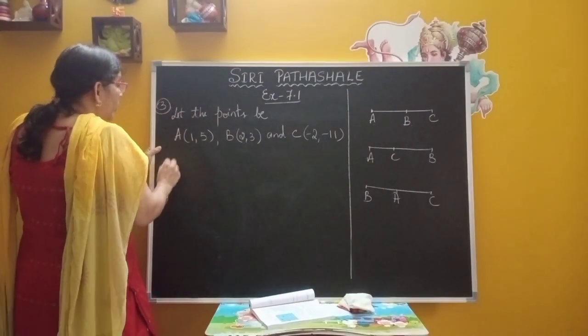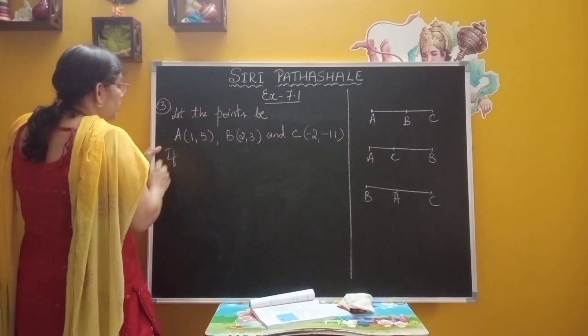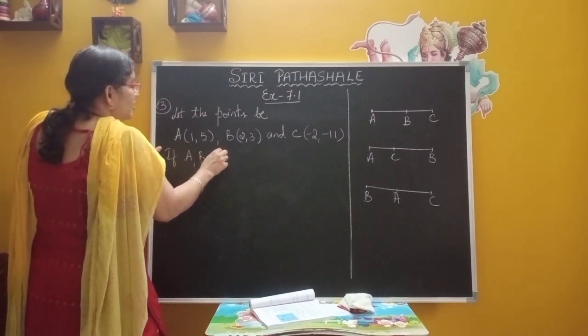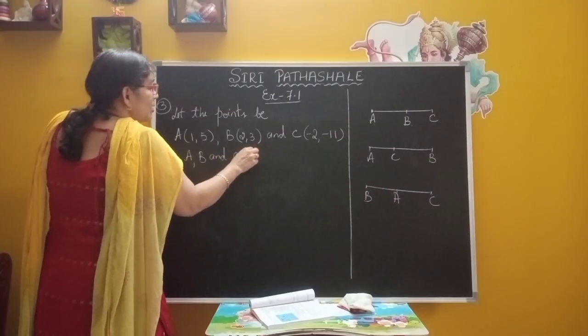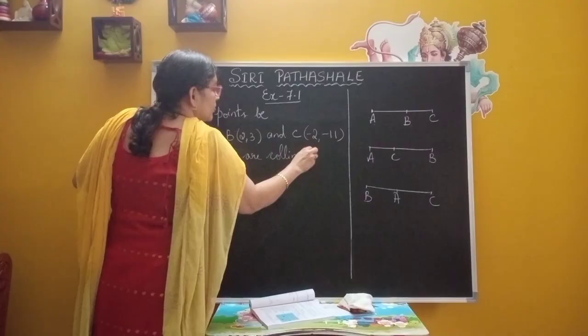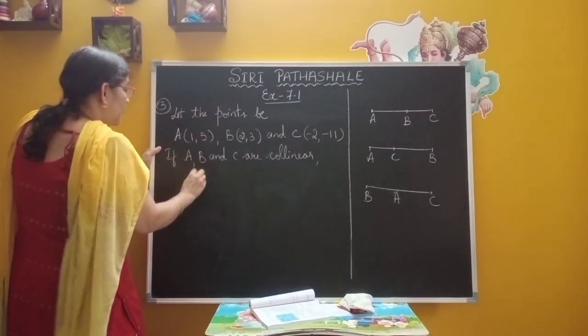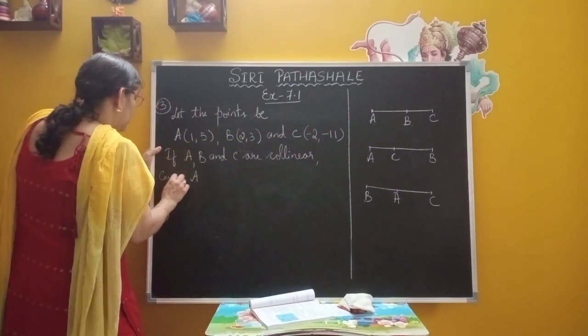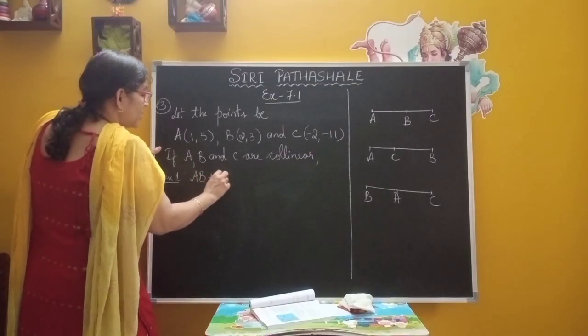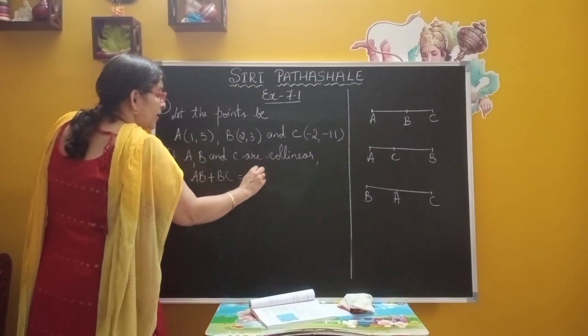So if A, B and C are collinear, case 1: AB plus BC must be equal to AC.